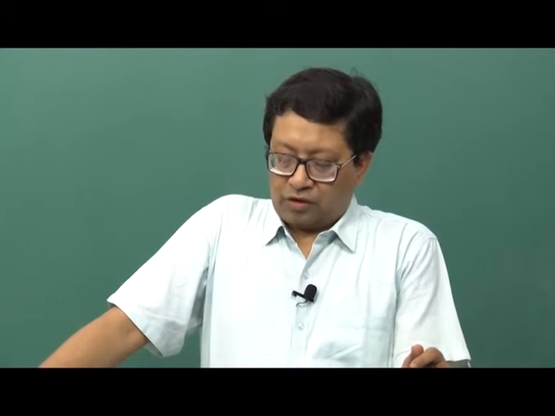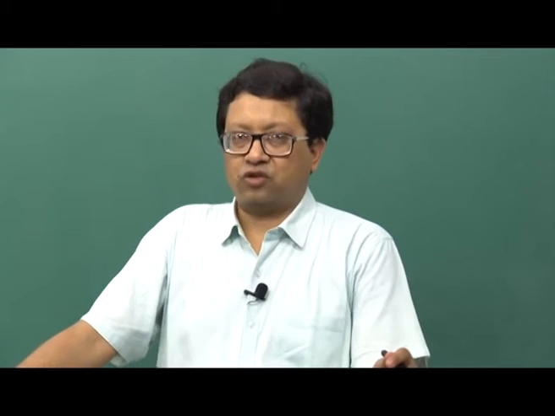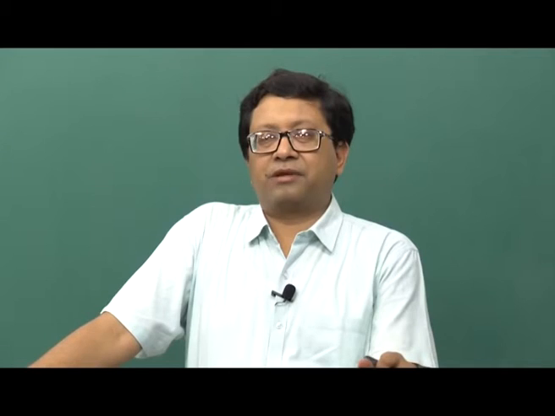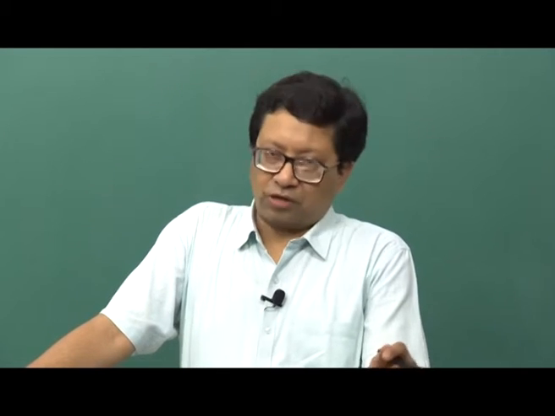But in general, the relationship between random variable 1 and random variable 2 could be such that the correlation coefficient does not exist. If it does not exist, the covariance matrix would have only the principal diagonal, the off-diagonal elements being 0, but the variance of the first and the variance of the second would remain.